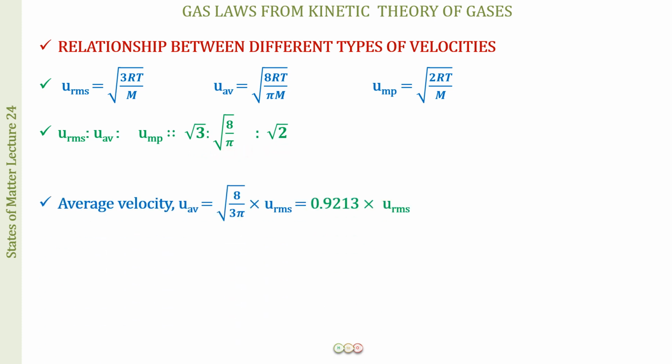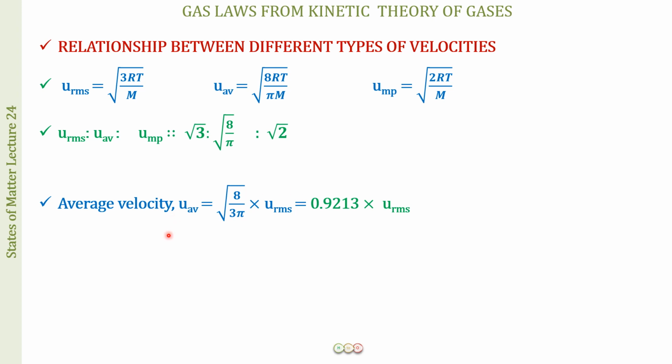From this, we can find the relationship between the average velocity and root mean square velocity. Average velocity is equal to under root of 8 by 3 pi into root mean square velocity, which comes to 0.9213 into URMS.